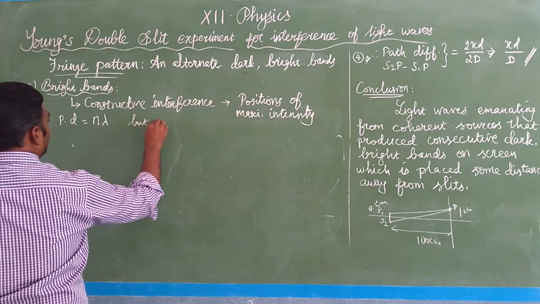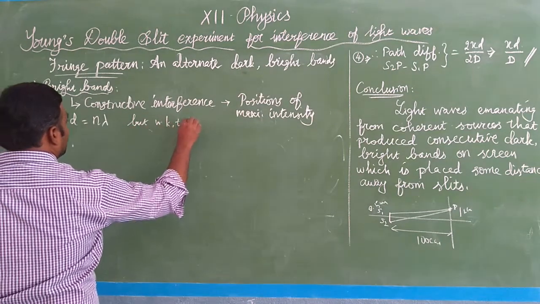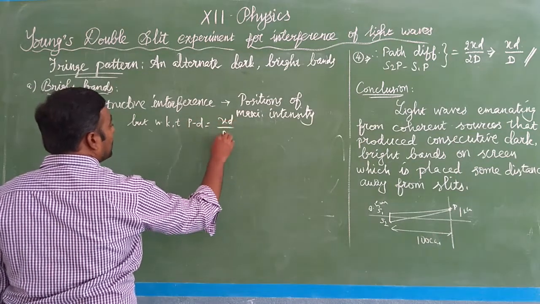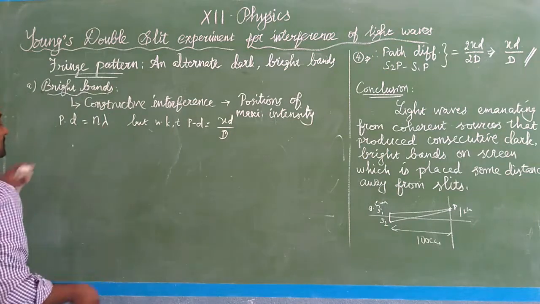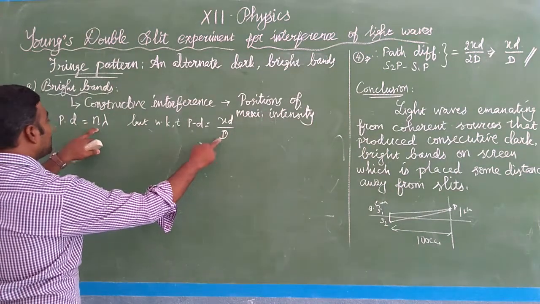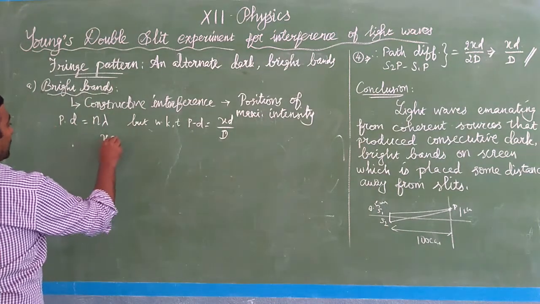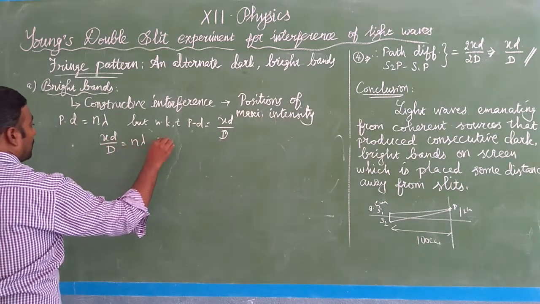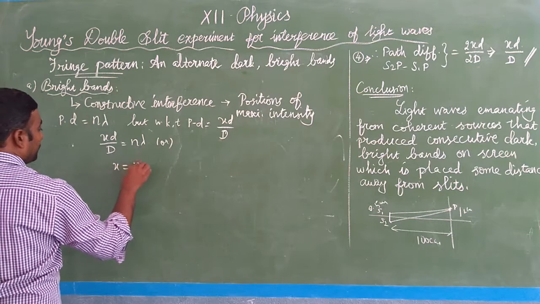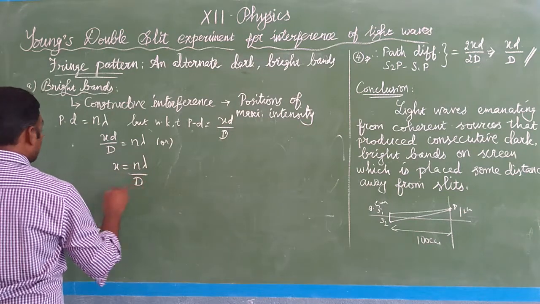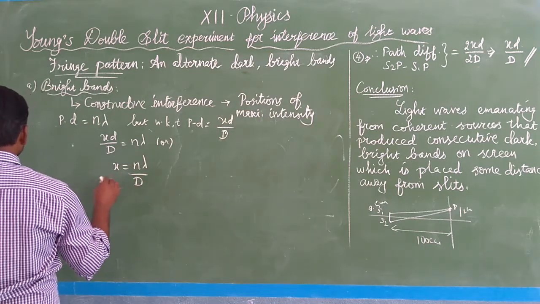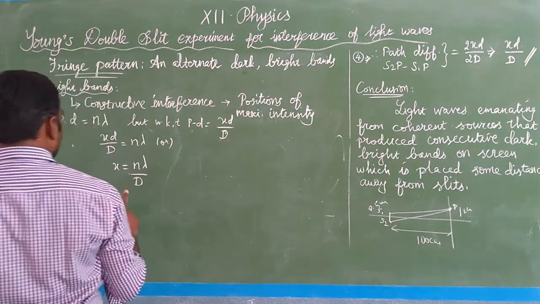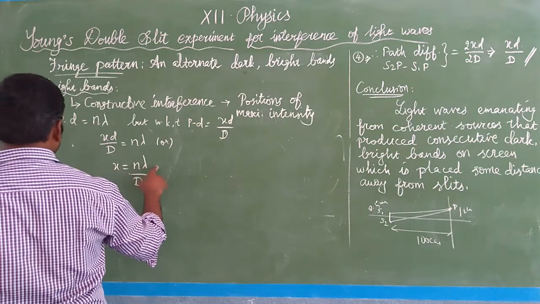But we know the path difference. What is the path difference? xd by D. So compare both equations. Left hand sides are equal, so automatically right hand sides are equal. Therefore xd by D is equal to n lambda.